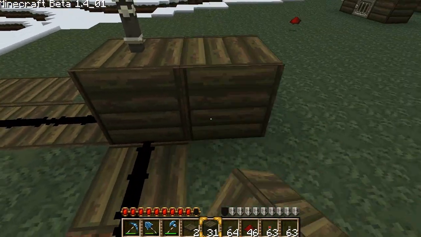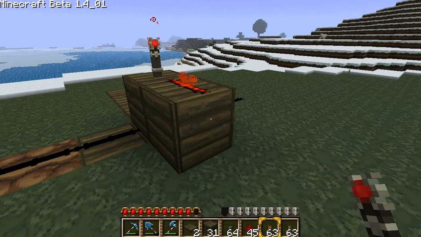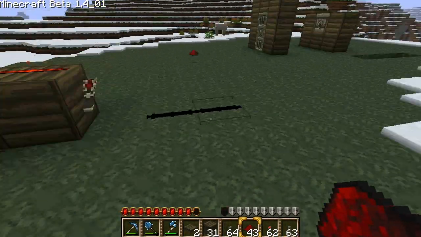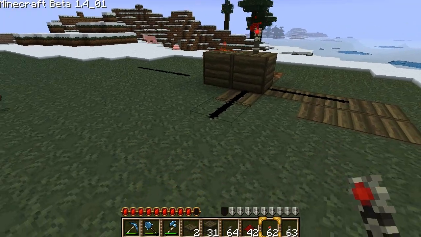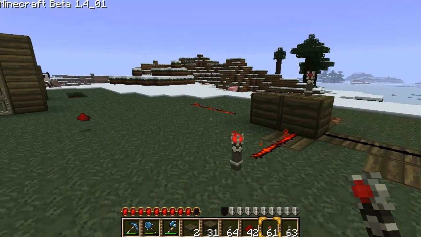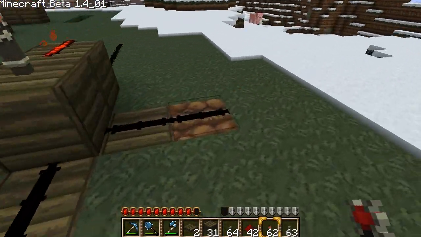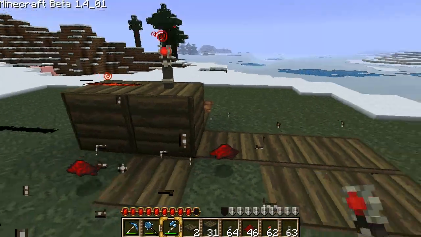We need another block next to that with some redstone wire on top of it, with a redstone torch like so. So this is the output. We can then just put the input on, and the output is turned on. Output is on. Output is on. So that's the OR gate.